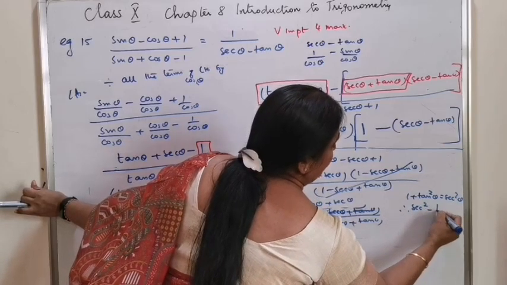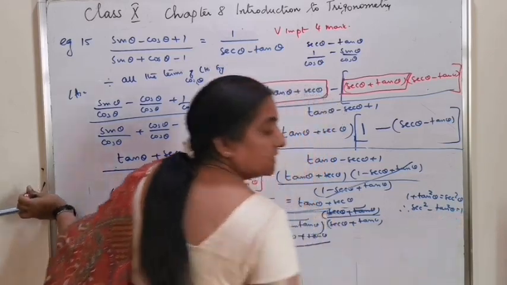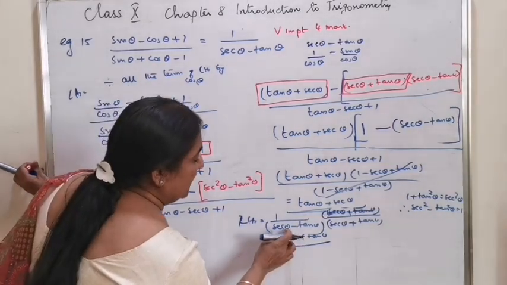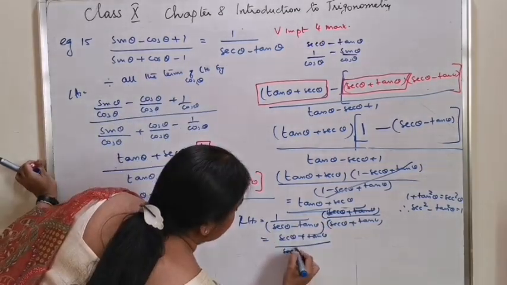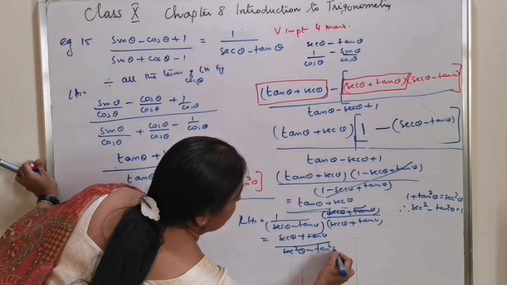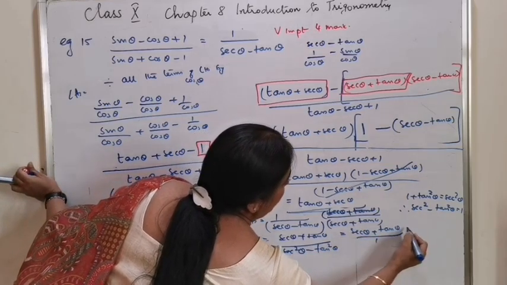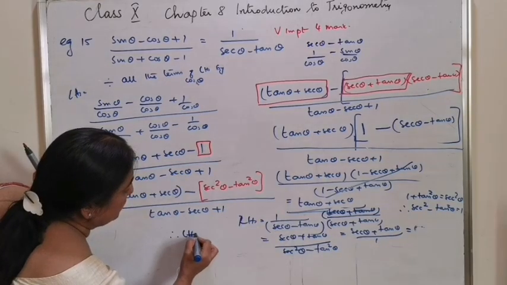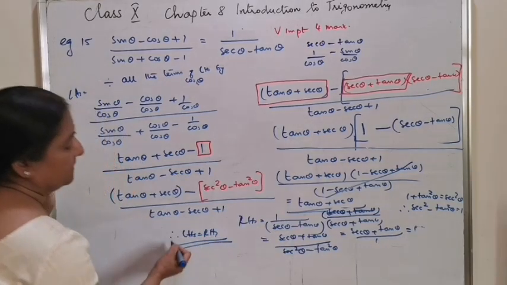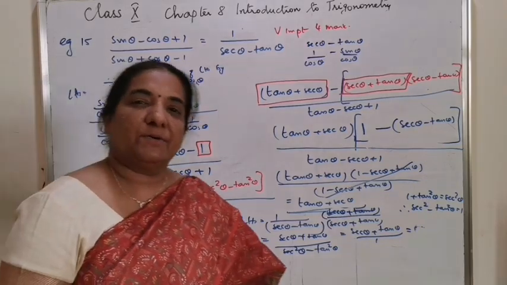Therefore, sec square theta minus tan square theta is 1. You can see here a plus b into a minus b, that is sec square theta minus tan square theta, so we get sec theta plus tan theta by 1, therefore LHS is equal to RHS. It's a very important question.